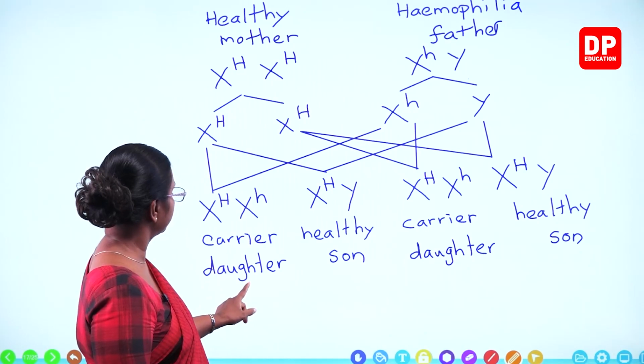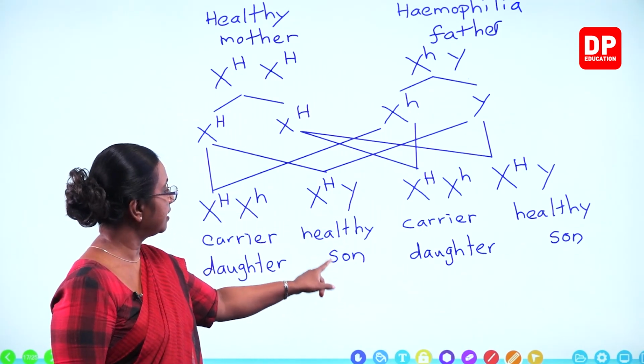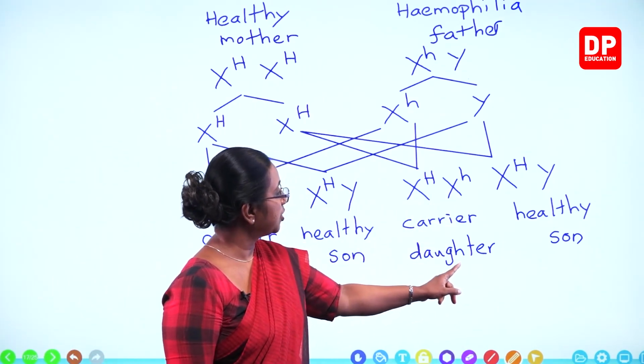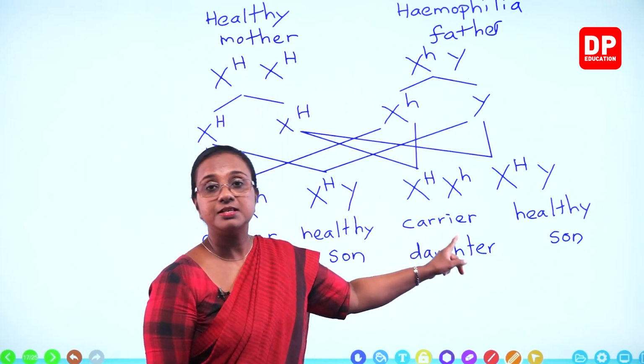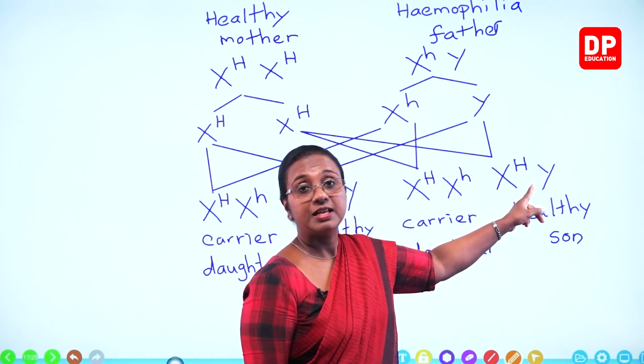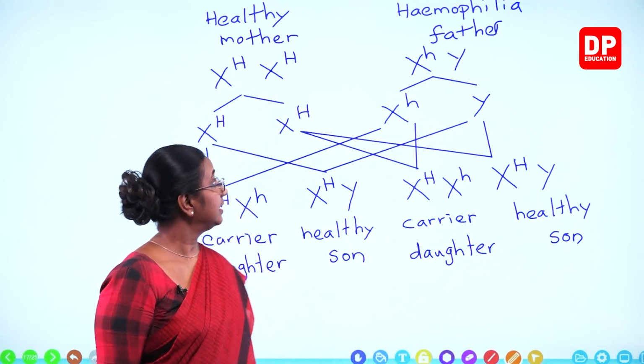XX female, so daughter, capital H simple H carrier, XY son, capital H is healthy son, then X and X again daughter, capital H simple H carrier daughter. Then X and Y son, capital H in X, that is healthy son. Is that clear to you all?